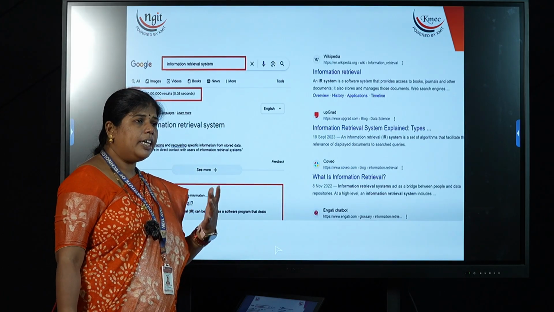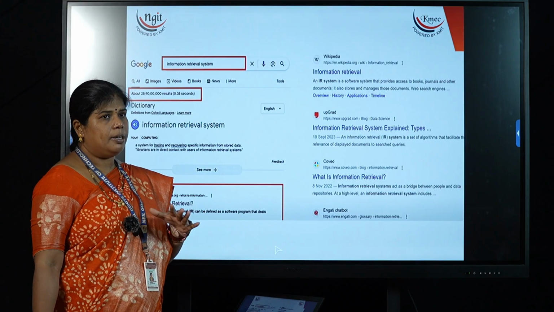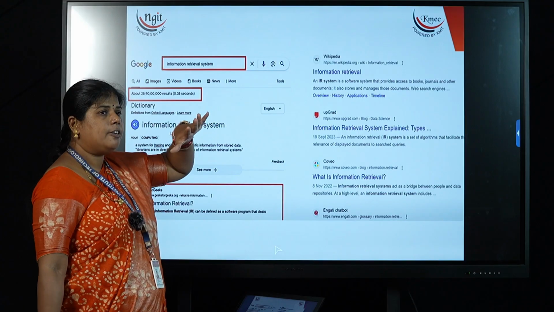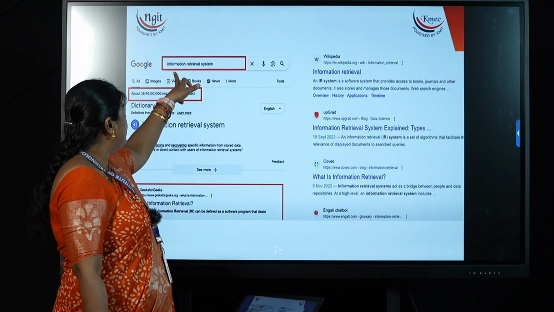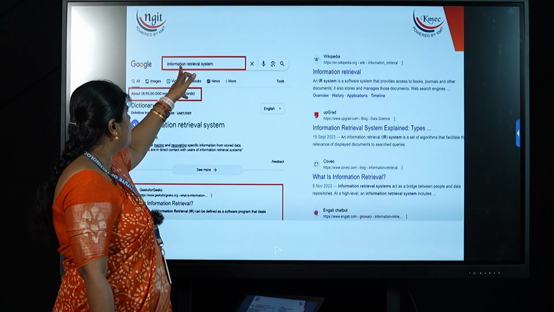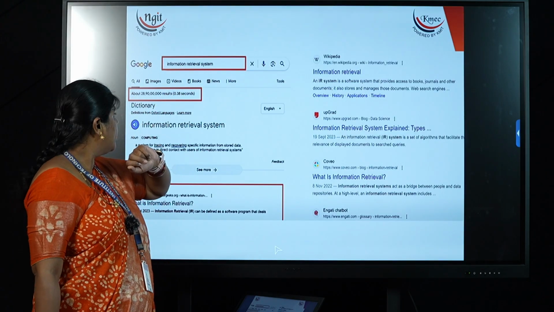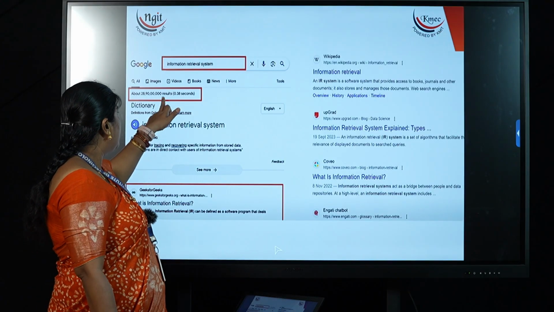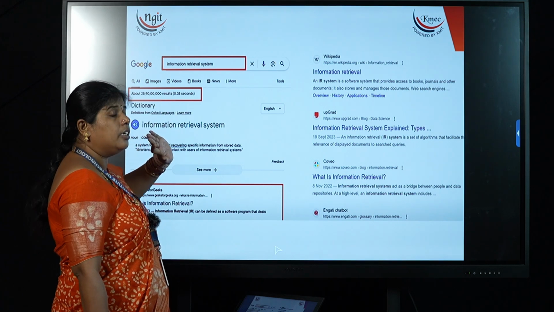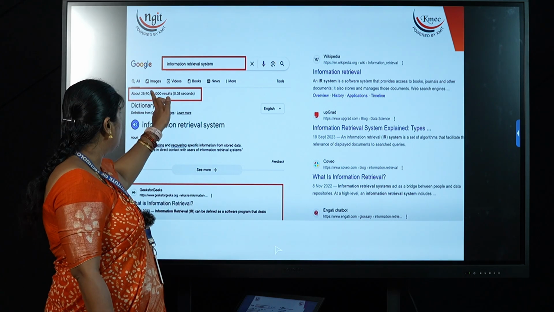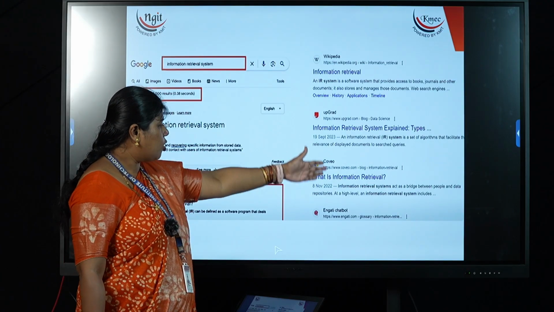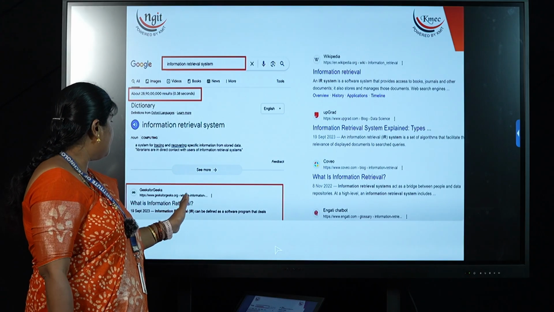Now in document clustering, you should keep in mind that whenever the user is requesting some information, the user will type a query. For example, in Google I am searching for information retrieval system. For this purpose, I can see in how much time the search was performed, how many documents were retrieved, and those documents I can see one by one.